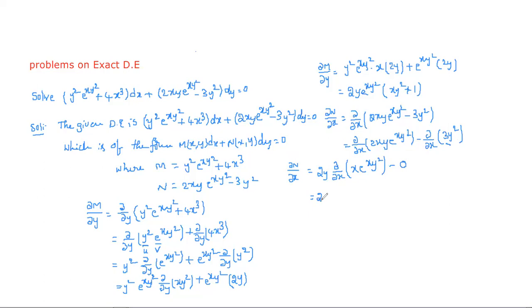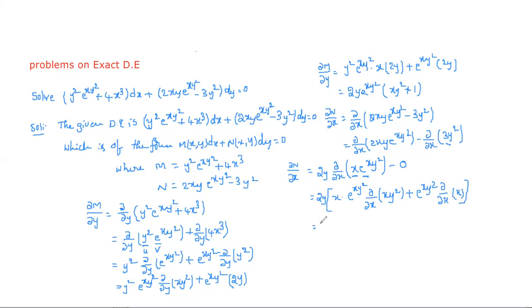Now 2y into, again if you observe that we have two functions here, so we need to apply the product rule, the UV rule. x into e power xy square derivative none, e power xy square into dou by dou x of xy square, plus e power xy square into dou by dou x of x.